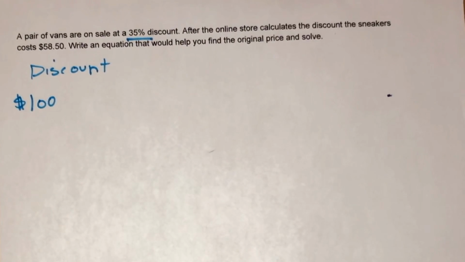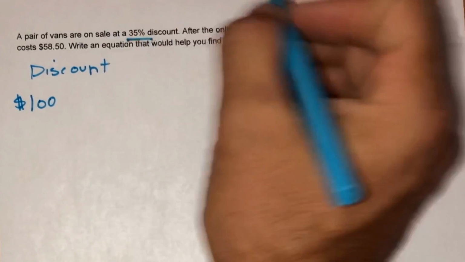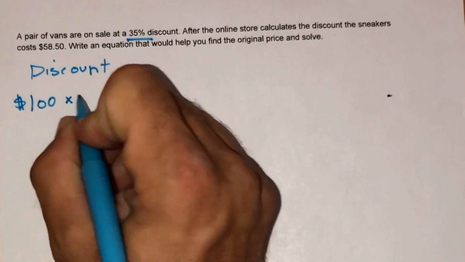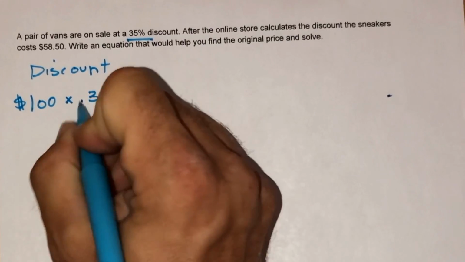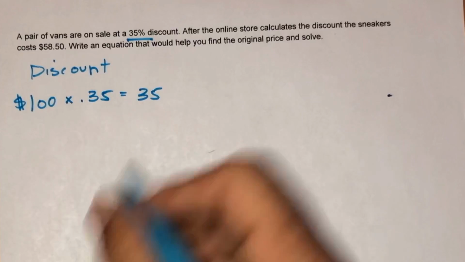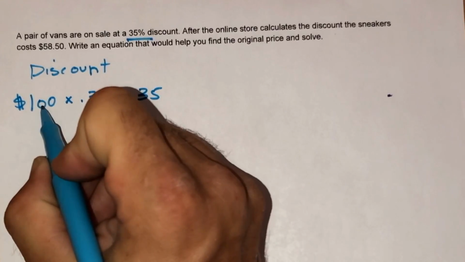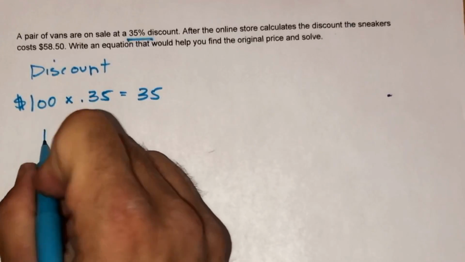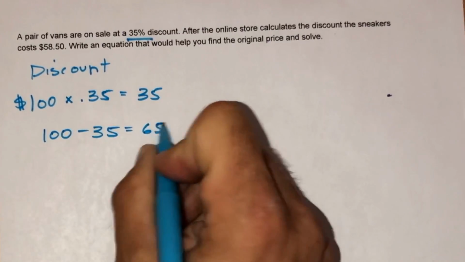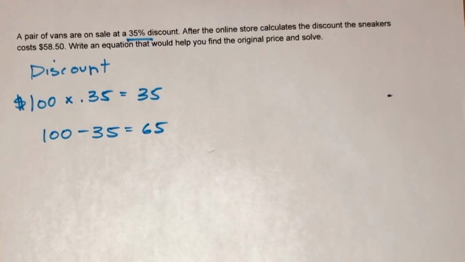Because any percentage of 100 is that number. So 35% of 100, moving 2 decimal places to the left, is that number. So if something was selling for $100 and there was a 35% discount, I would take off that 35% discount and get 65. Now this is a two-step way of dealing with this.